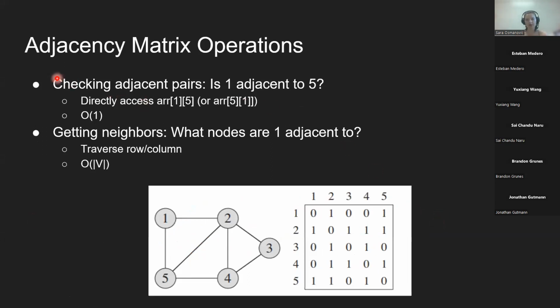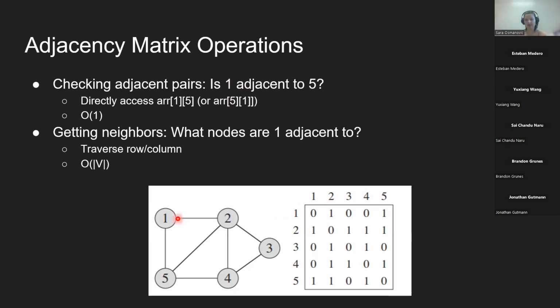Now, operations on matrices. You can check adjacent pairs by directly accessing the location at row 1, column 5, or row 5, column 1 for undirected graphs.